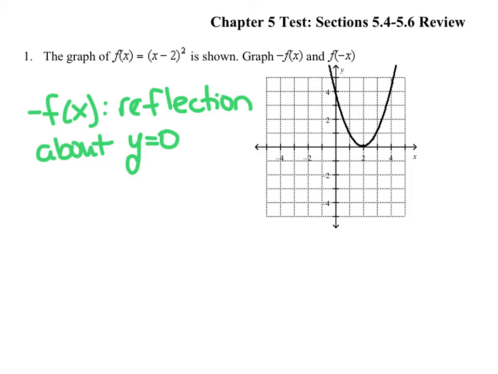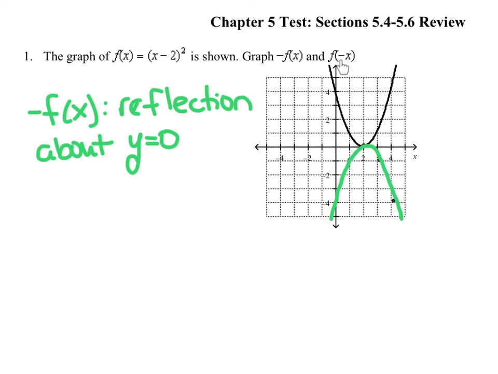So I'm going to go ahead and plot those points. As you can see, this point came from up here, and this point came from a reflection up there. This one came from all the way up there, and so did this one. So the reflection, I would go ahead and draw, and it would basically look like an upside down version of this graph. And that's when the negative is on the outside.